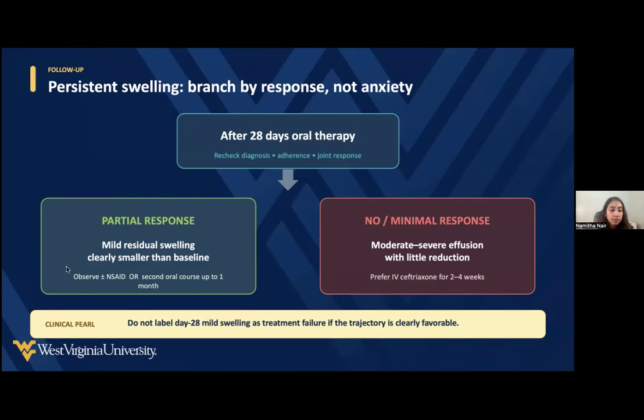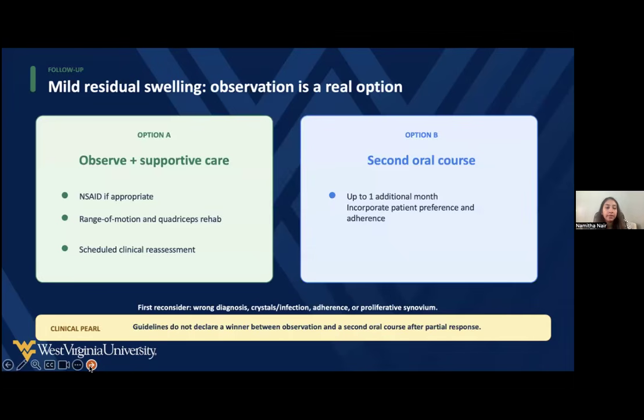Just talking a little more about the situations where there is mild residual swelling, there's no winner between the two. So whether you should observe or give a second oral course, even the guidelines from the IDSA and the ACR do not clearly report which option they prefer. One option is you can give them an NSAID if appropriate, if they're able to take it, not on any blood thinners, no gastritis, anything of that sort.